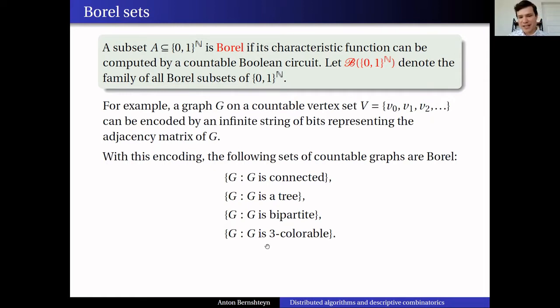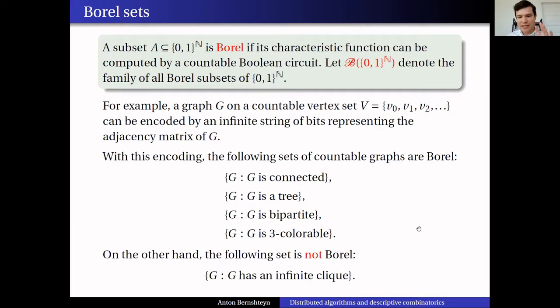The reason for this is that a graph is 3-colorable if and only if every finite subgraph of it is 3-colorable, and somehow that is possible to check using a countable Boolean circuit again. On the other hand, here's an example of a set that is not Borel, so that actually is genuinely more complicated than these ones. Which is the set of all graphs that have an infinite clique. So you can prove that there is no countable procedure that, given a countable graph, decides whether or not there is an infinite clique in it.